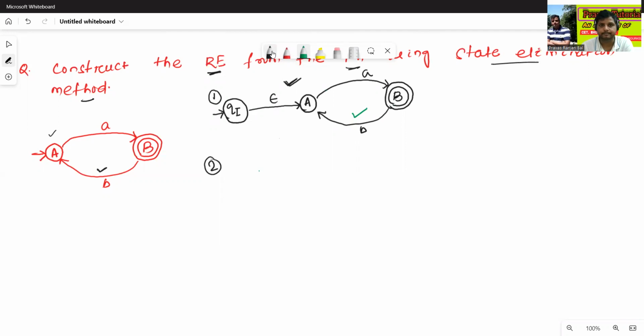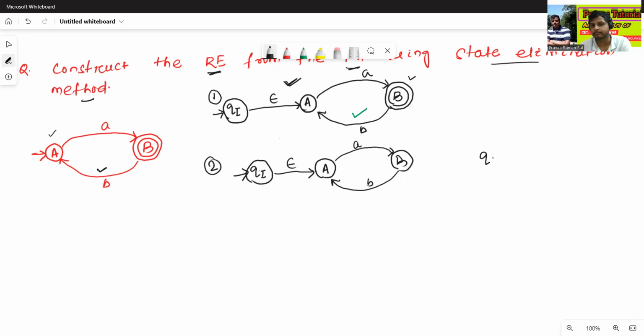So this is Qi, this is A, this is B, this is epsilon, this is A, this is B. Initially B was the final state, but here we introduce a new final state QF and join using epsilon.